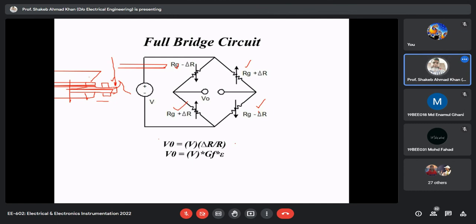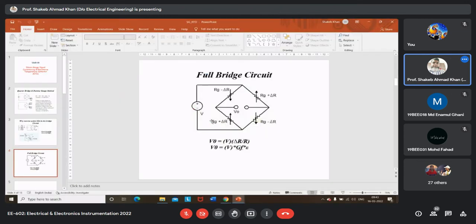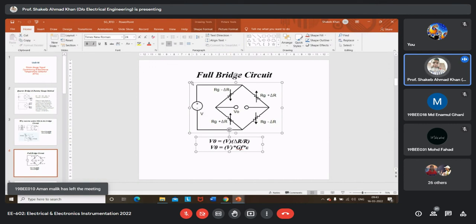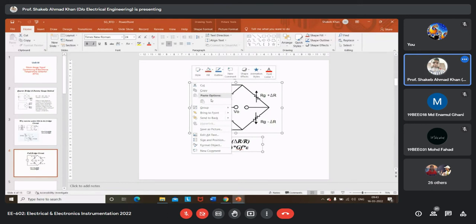Now I want you to submit a quiz. You derive this expression for this bridge. I'm putting it on the classroom, and for the full bridge I want you to derive the expression.